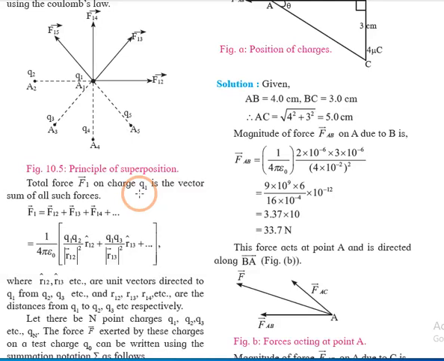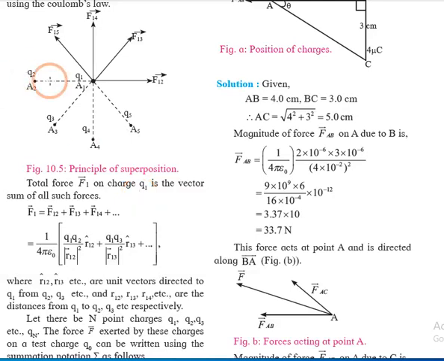Here R12 cap, R13 cap, R14 cap are the unit vectors directed to Q1 from Q2, Q3 respectively, and the distances we consider as R12, R13, R14 and so on.